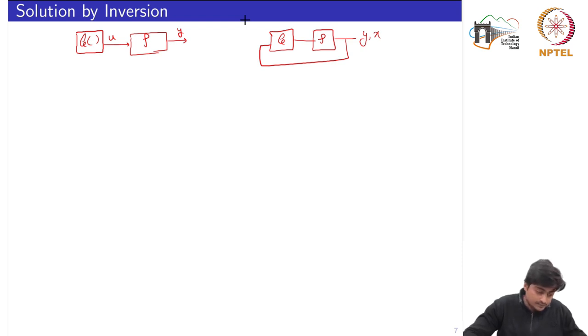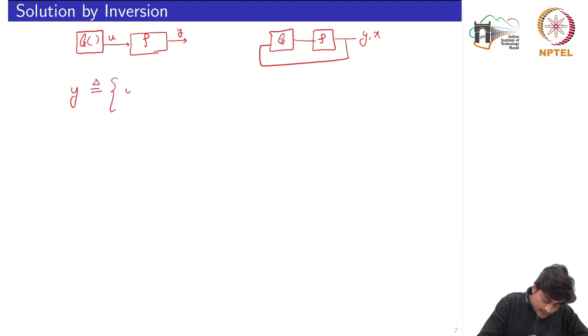Now there are other ways of computing the open loop solution of the control problem. Let's say we denote an element of a function space, y, which is some element of Y such that it maps from some real valued space to real valued space.